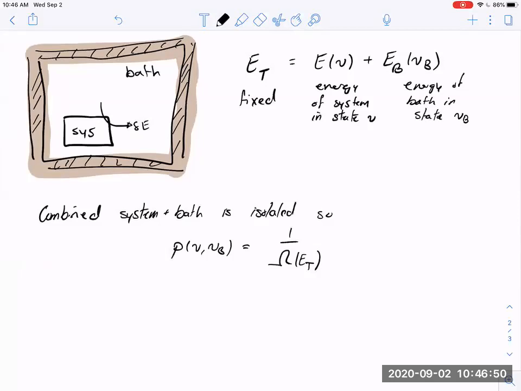But for a specific state of the system, if I set nu, there are, in principle, many possible bath states which will satisfy that constraint.